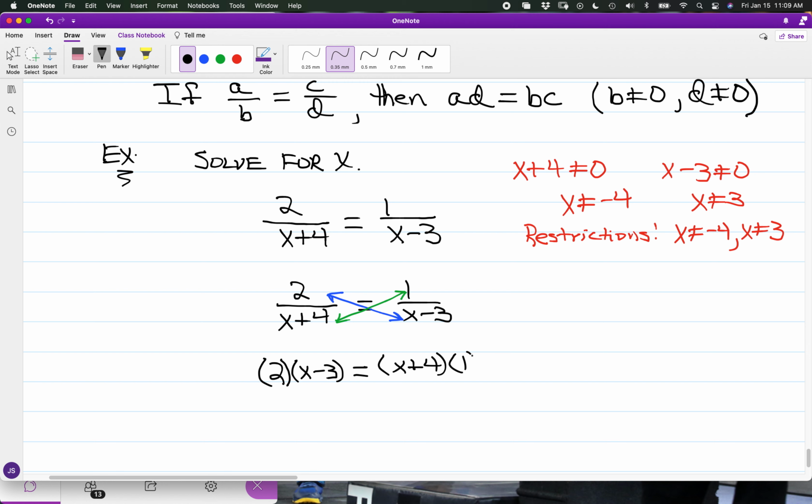So you have A times D, B times C, and it doesn't matter what order you place the factors. It could be x minus 3 times 2, 1 times x plus 4, regardless. If you multiply 2 and x minus 3, it's going to be 2x minus 6. And for x plus 4 times 1, we have x plus 4.